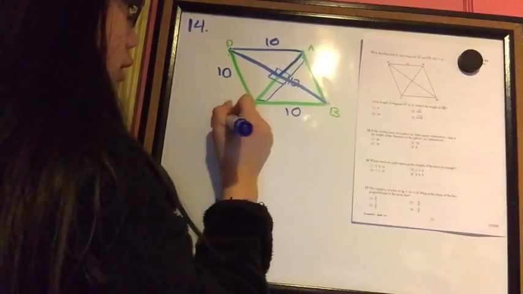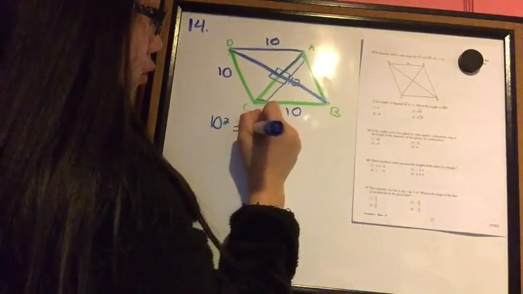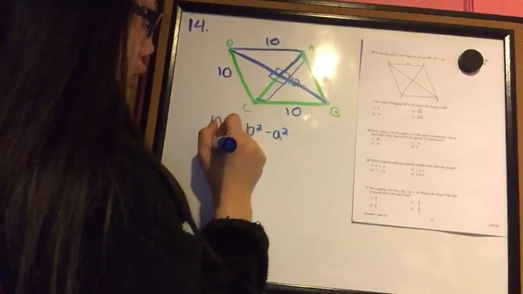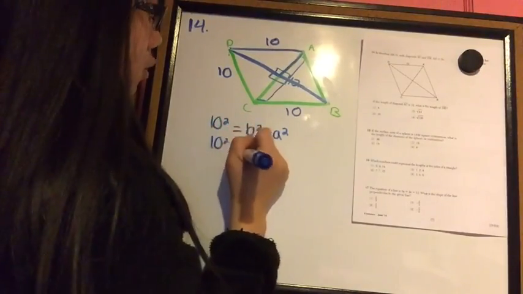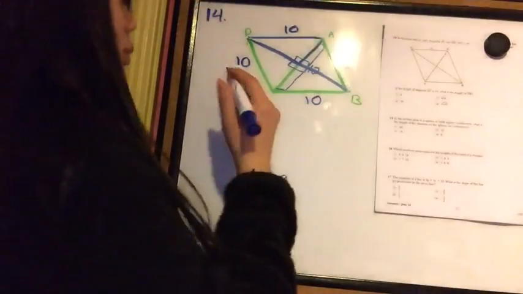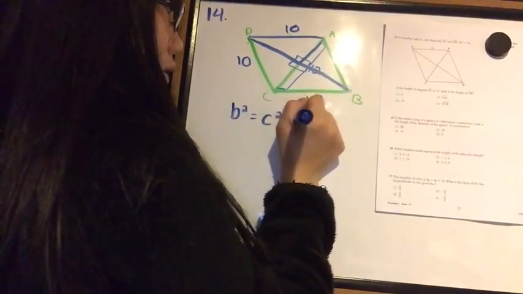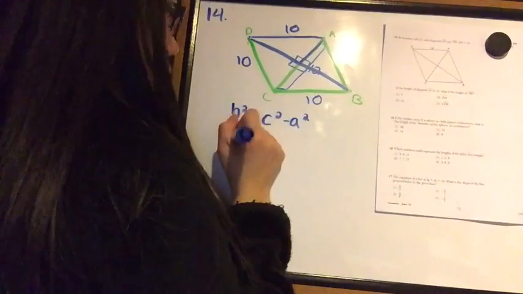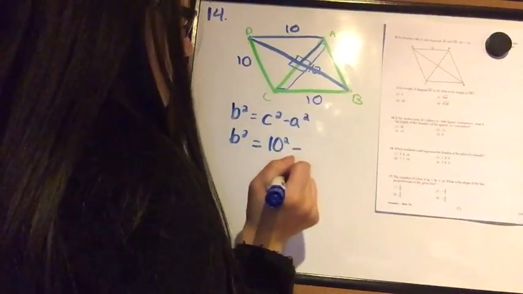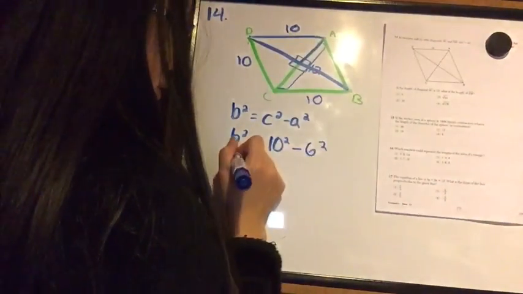So b squared is equal to c squared minus a squared. B squared is equal to 10 squared minus half of 12, which is 6 squared.